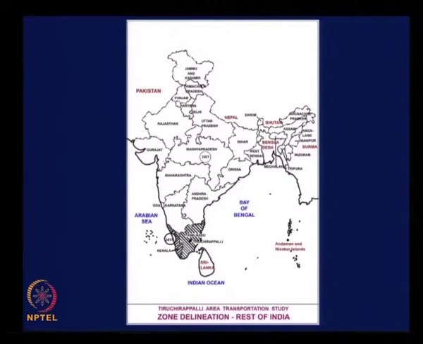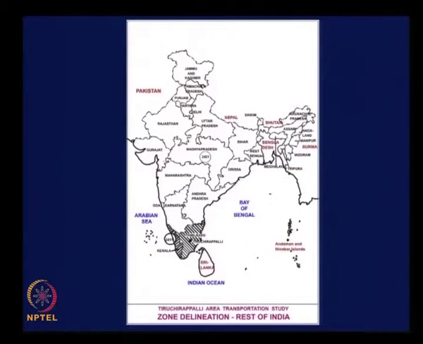Does not matter, because the number of trips are going to be relatively small, sometimes negligible, but still you must have indicated the entire country with some code number, so that you do not miss out any trip in your analysis. Clear? Now you can feel that this is the end of the zoning process. Start from your planning area, go beyond adjacent districts, and then cover the whole of the state and then the whole of the country. Clear?